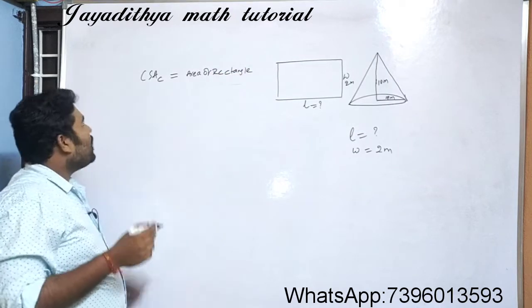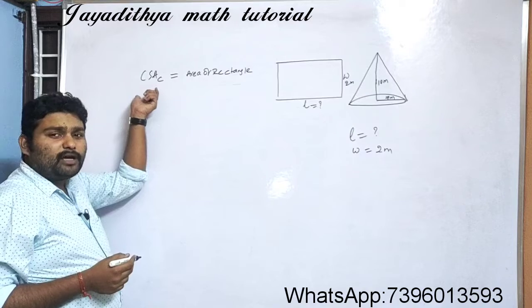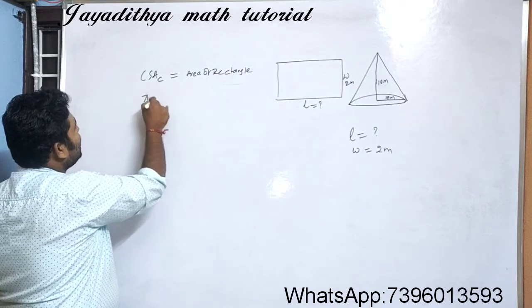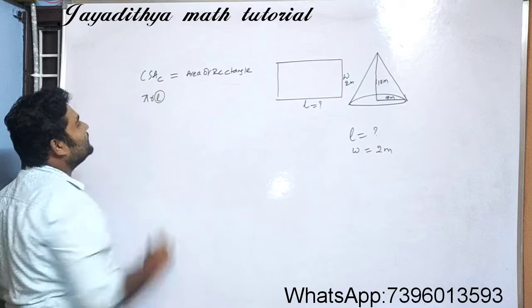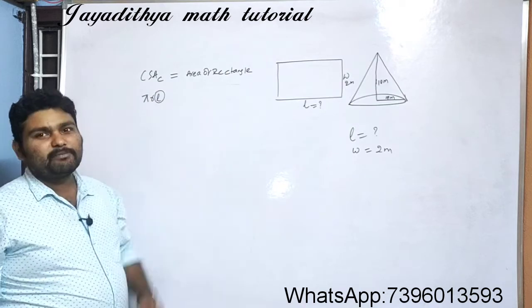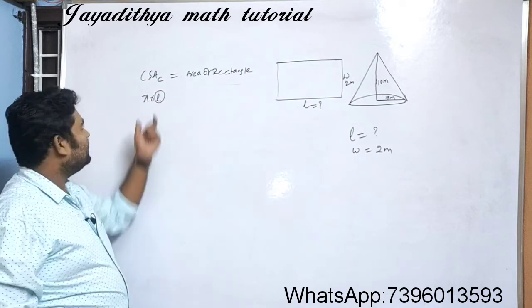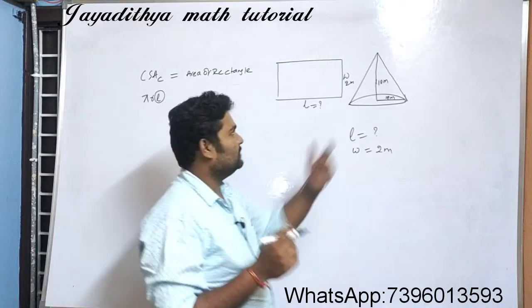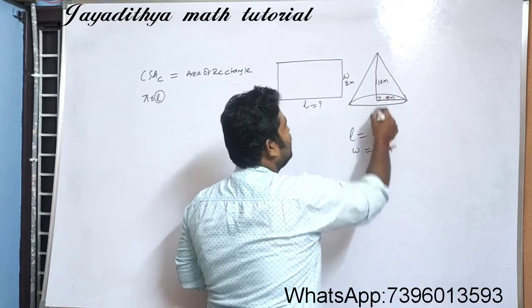So what is the formula for the curved surface area of the cone? That is pi r l. What is l here? l is the slant height. How to find the slant height? If you observe, this is a right angle triangle.